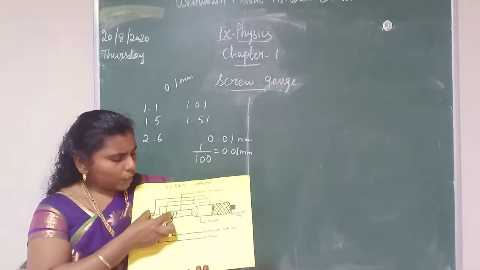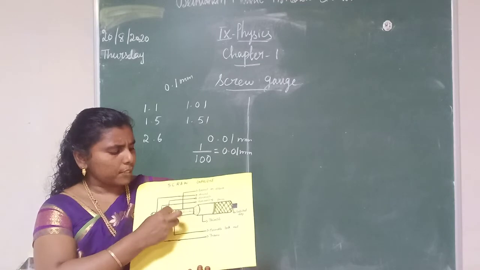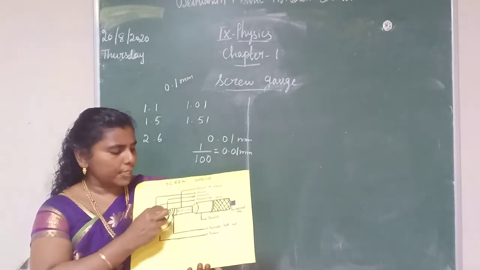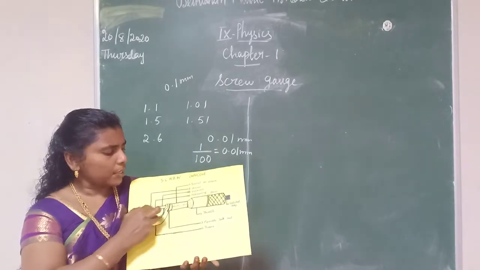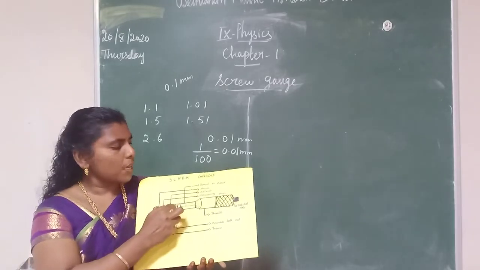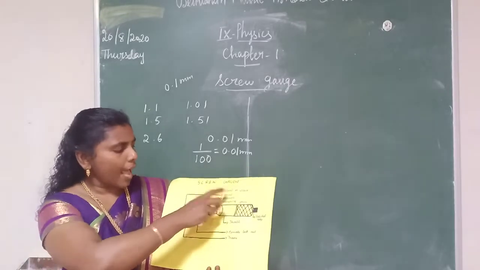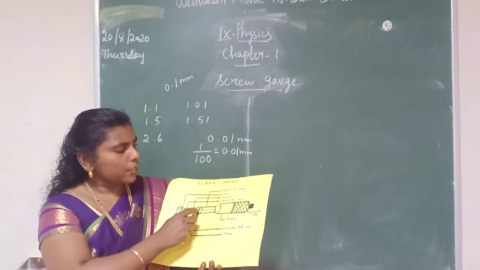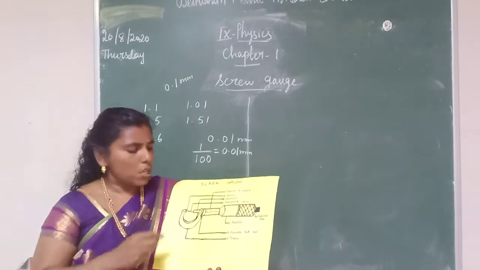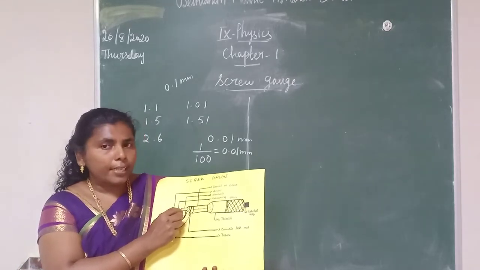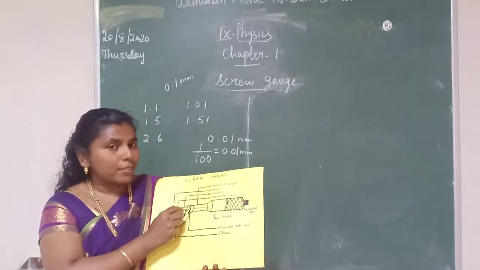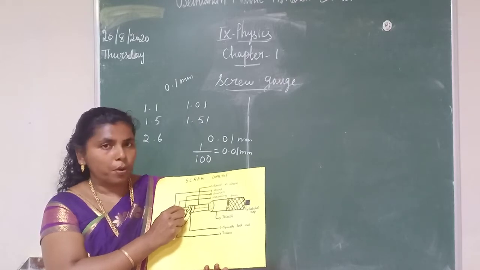Now here, in this U-shaped frame, two studs were used, the fixed stud and the movable stud. The fixed stud is called the anvil and the movable stud is called the spindle. At the end of the screw there is a plain surface, that is called the tip of the screw.